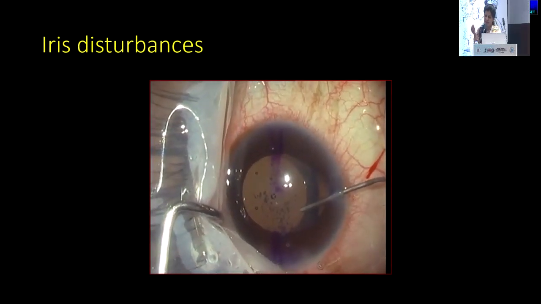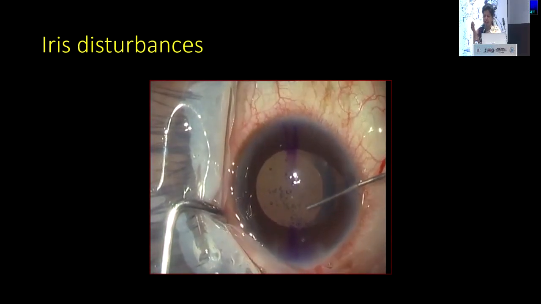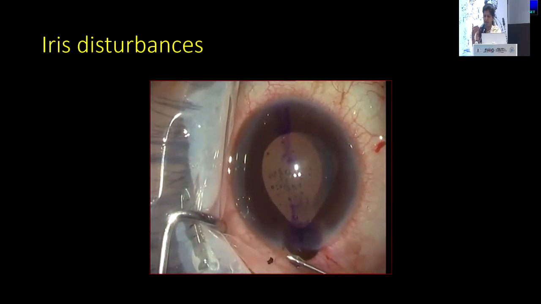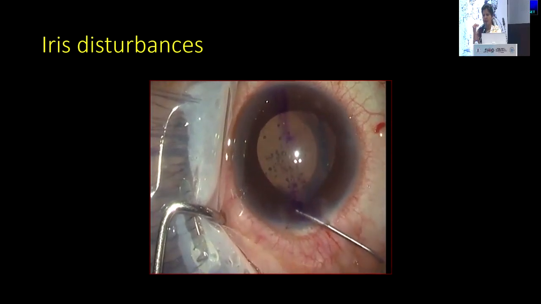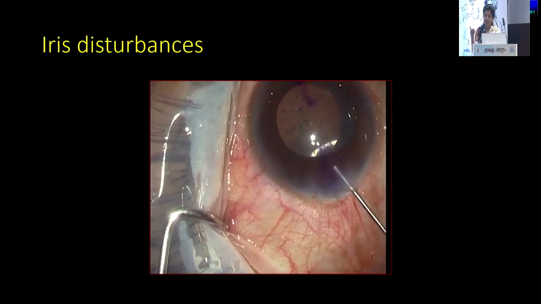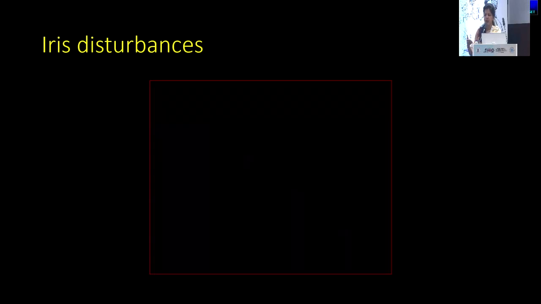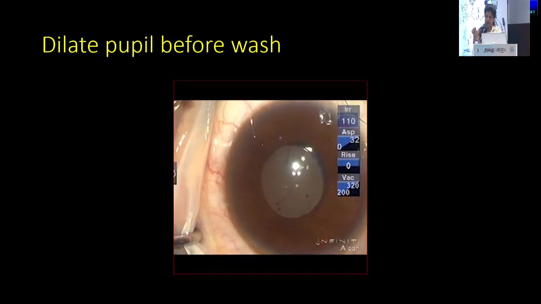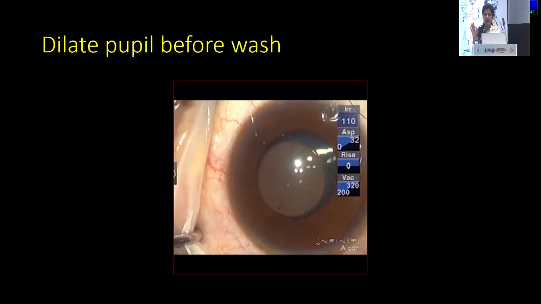Now, iris disturbances, especially when irrigation is done either manually or by an automated IA, you have to make sure there is always a good flow from both above and below the ICL out through the side port. So if you have an undilated pupil, it's very important that you dilate the pupil once more.